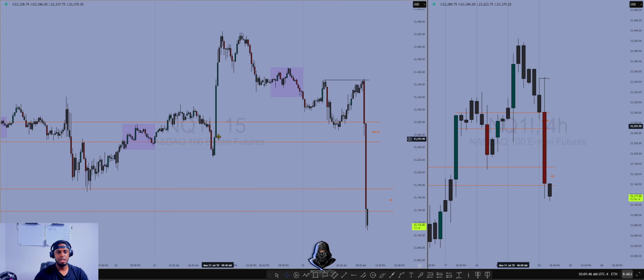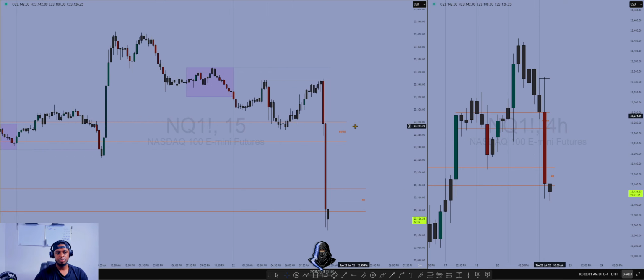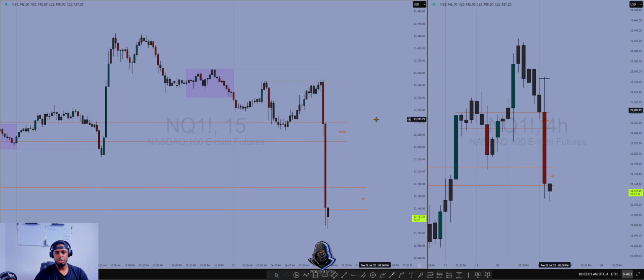Think about it. Both days with expansion, just had this clear push up. This one had that 3 minute off of this range here, and then with this one, it's just a clear drop down. So let it bottom out.